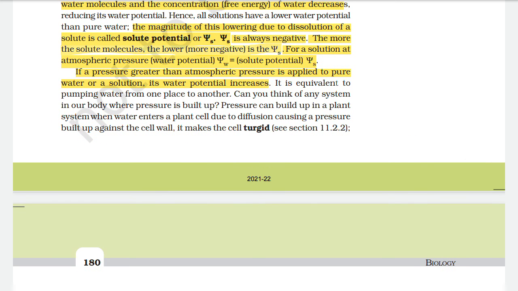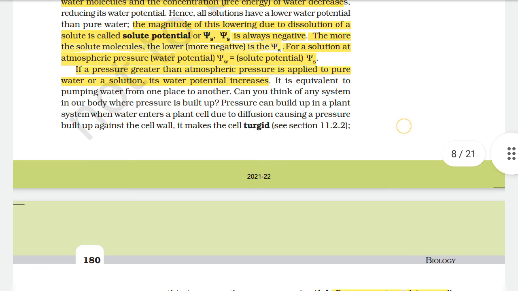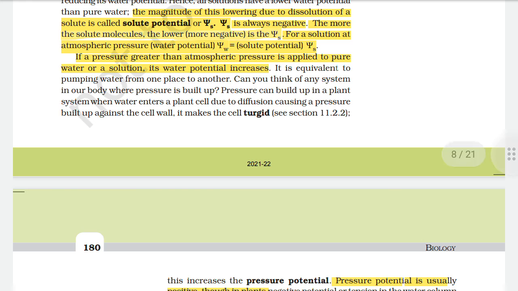It is always negative. If we further add solute, the solute potential gets more negative. More negative means mathematically less. More negative means less magnitude.